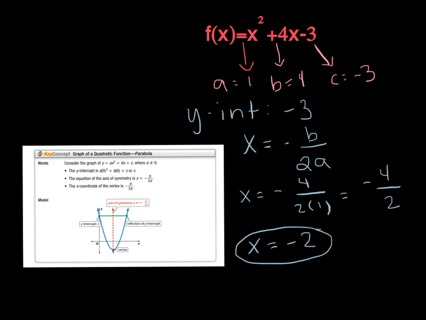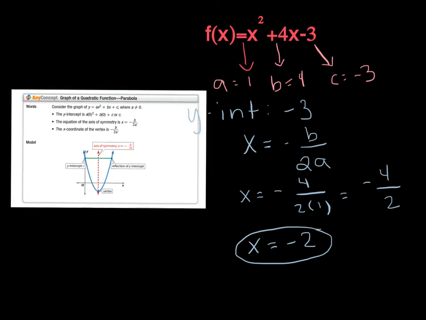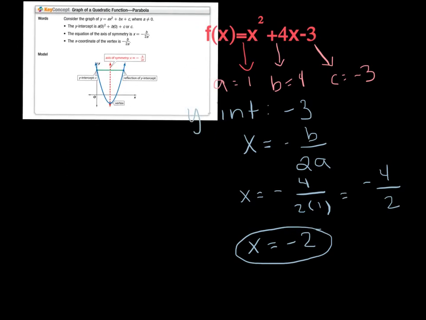So we've gotten our y-intercept, we have the equation of the axis of symmetry, and now we need the x-coordinate of our vertex. The x-coordinate of our vertex is negative b over 2a, which, if you recall, is our axis of symmetry.